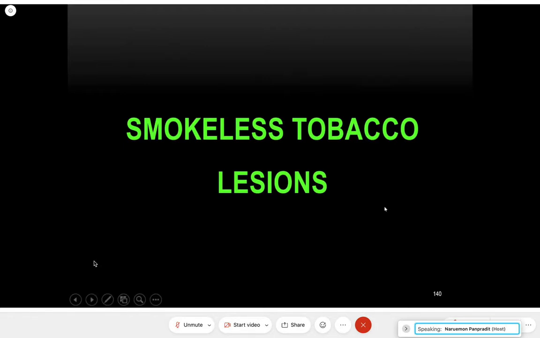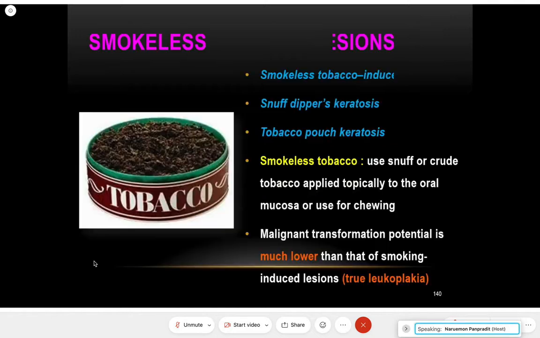Smokeless tobacco means tobacco without smoke, which in Thai is yaa sen, the loose tobacco that is rolled into cigarettes. Some patients think no smoke, no heat, it's okay, it's safe, but it's not safe because it also contains carcinogens. Another name of the lesion is smokeless tobacco-induced keratosis, snuff pouch keratosis, or tobacco pouch keratosis.